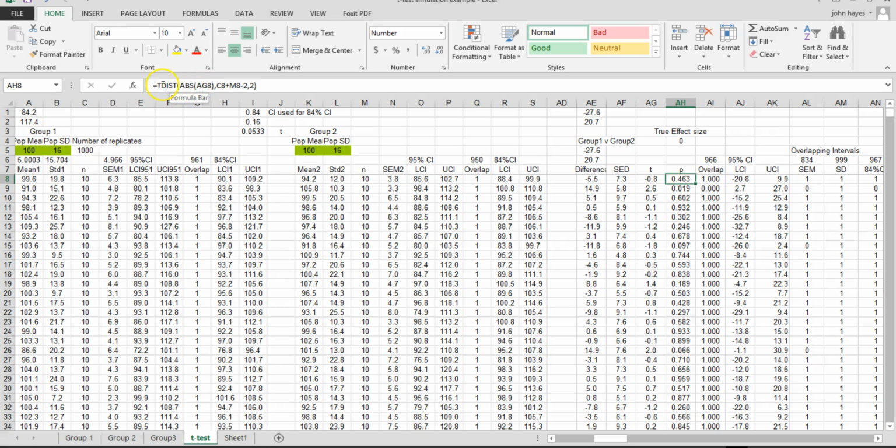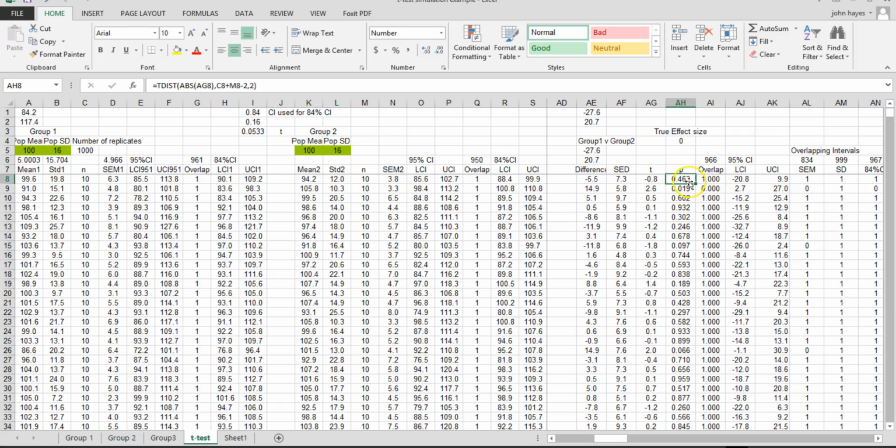The t-dist function only likes positive t-values, so we have to take the absolute value of this t. The degrees of freedom are n1 plus n2 minus 2, that's 18, and this is a two-tailed test. So the p-value is 0.463.